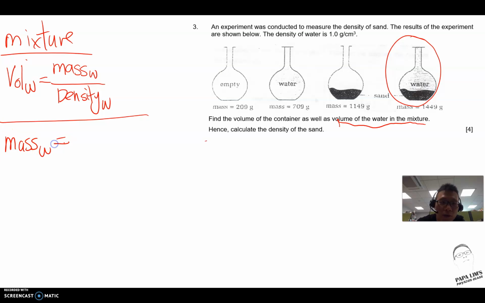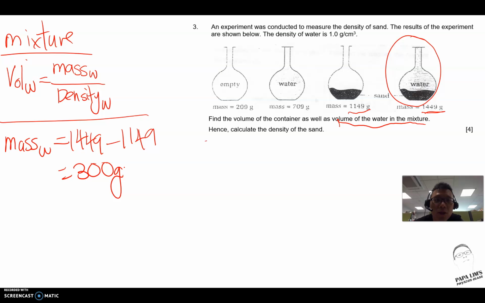I think it's fairly straightforward. The mixture is 1449 gram, and the mass of the container with the sand only is 1149. The difference between them will give you the mass of the water. So 1449 minus 1149 gives you 300 gram of water in that mixture.